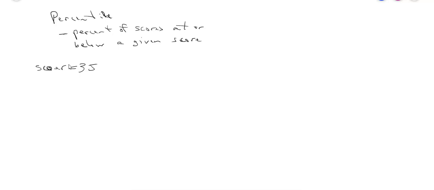Because 35 out of 40 may be one of the lowest scores of all the people that took it, because you could have had a lot of scores like 36, 37, 38, and above that, 39 and 40. So let's say that most people got all these scores except for a few people that got 35s.